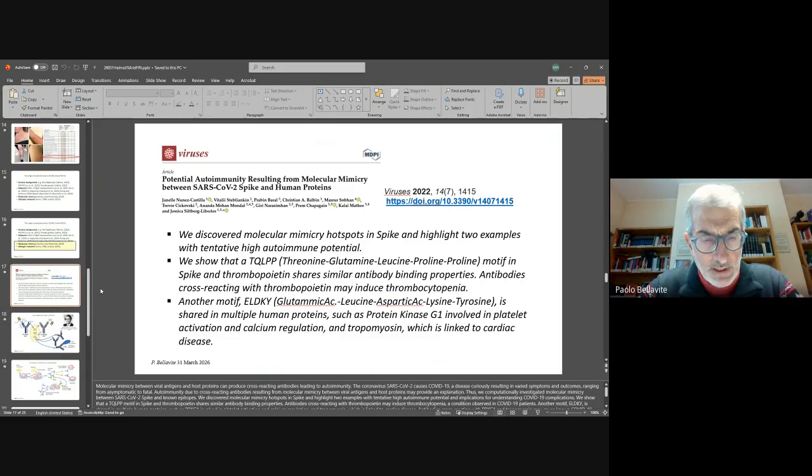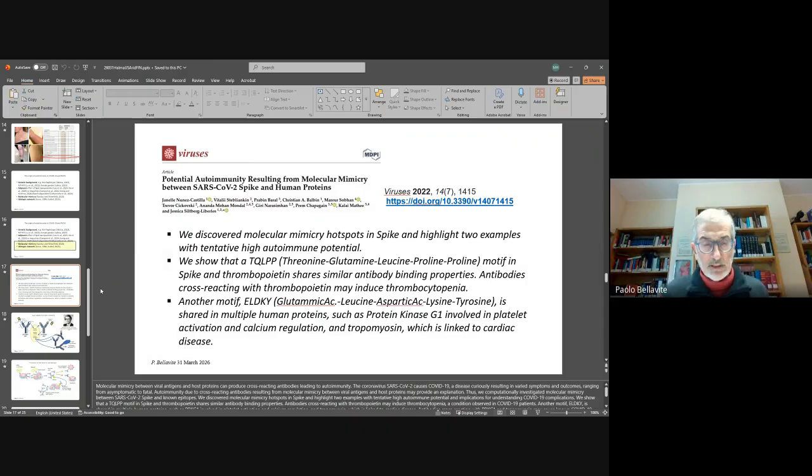Molecular mimicry is one of the most investigated mechanisms, and there are several papers showing that the spike protein has similar amino acid sequences and conformational assemblies to parts of other proteins of our body.